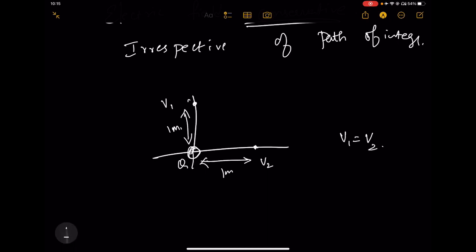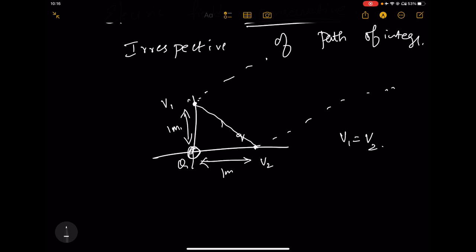So work done in moving a charge from infinite distance to here, or from infinite distance to here, will be the same. If you have to move a small charge q from here to here, then the total work done will be 0. Why? Because they both are at the same potentials.